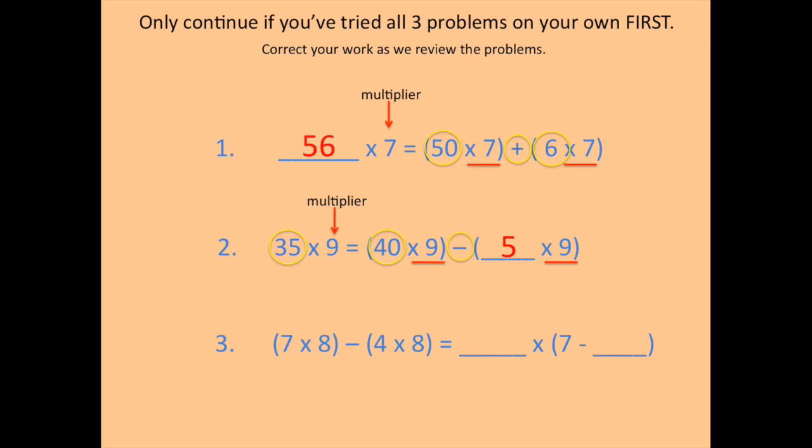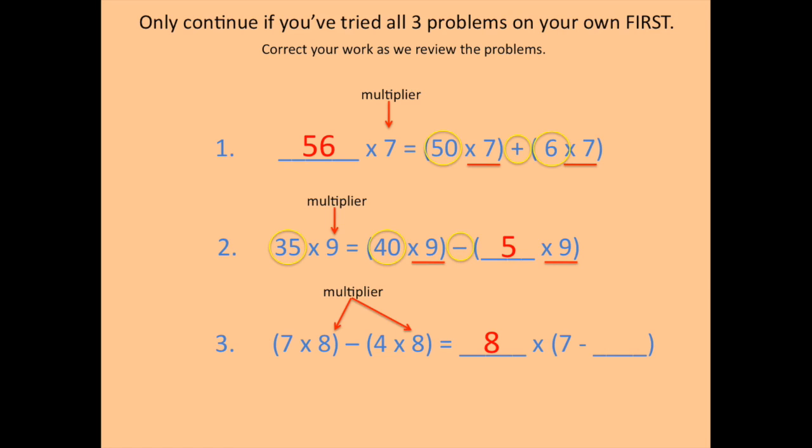Let's take a look at our last problem. 7 times 8 minus 4 times 8 equals a number times 7 minus another number. In this problem, my multiplier is 8 because it is being multiplied by 2 terms. Since I know this is my multiplier, I can write it in.